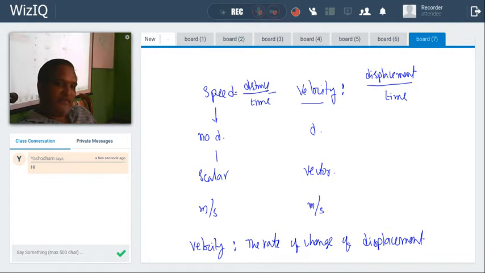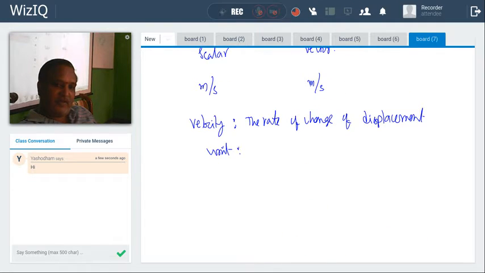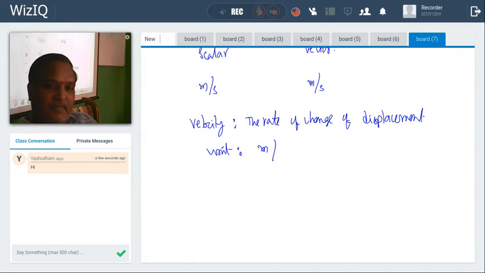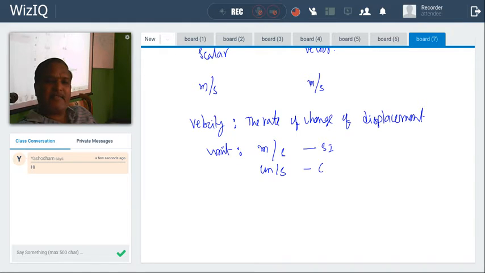Rate of change of displacement is velocity. So what is the unit of velocity? Meters per second in the SI system. Centimeters per second in the CGS system. And feet per second in the FPS system. And a general unit, kilometers per hour, is also there.